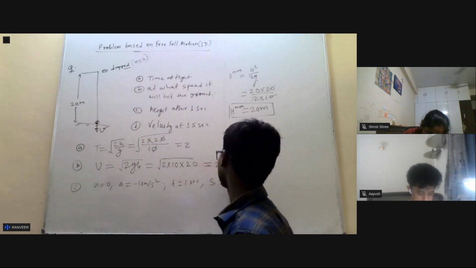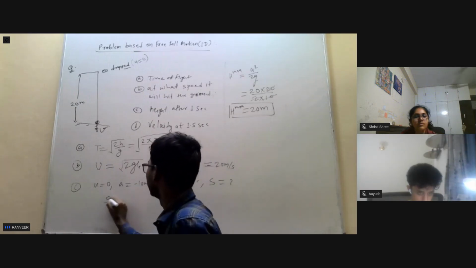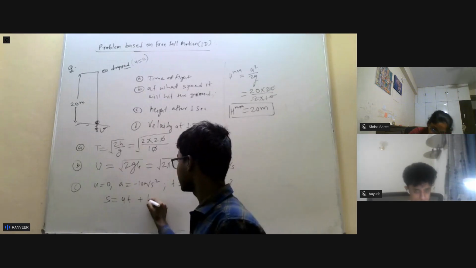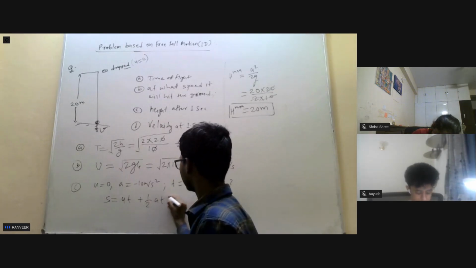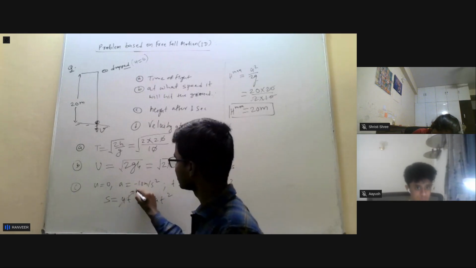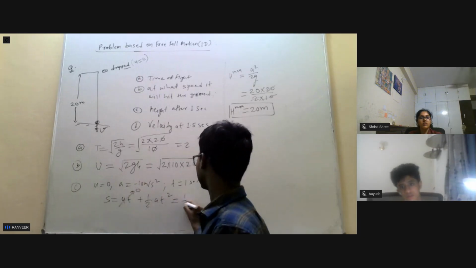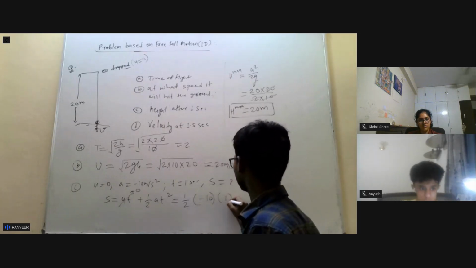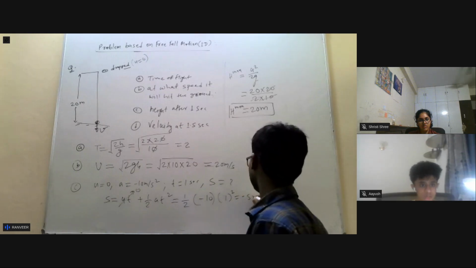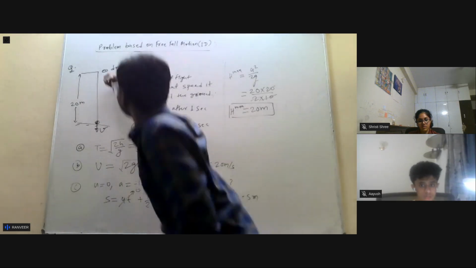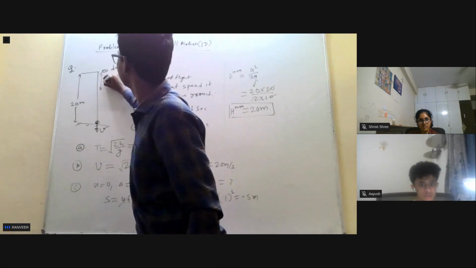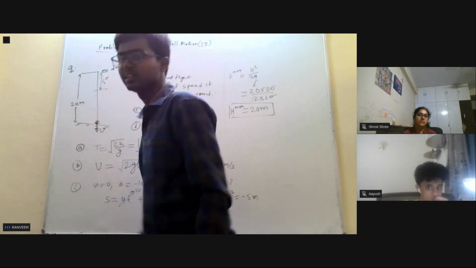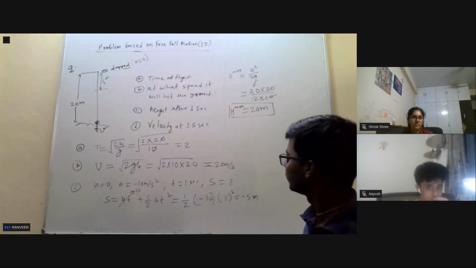It is asking to calculate, so which formula? s equal to ut plus half at square. So u is 0, it will become 0. a means minus 10, t square means 1. So minus 5 meter. Means it travels 5 meter. How much does it travel in 1 second? 5 meter.